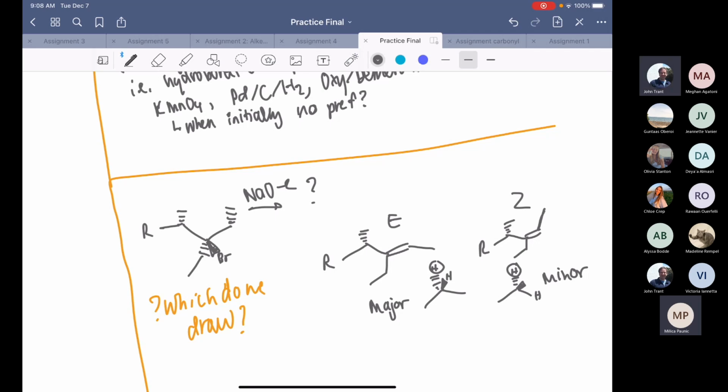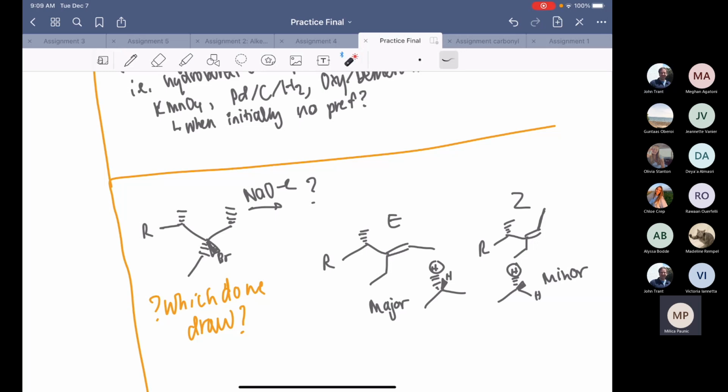You make the product, it doesn't go back. It's not reversible. And so if one of the Newman projections is more stable than the other, it'll lead to a lower energy transition state, and it will lead to the product. So the products might differ a little bit, but in this case, one of them is going to be more stable than the other.